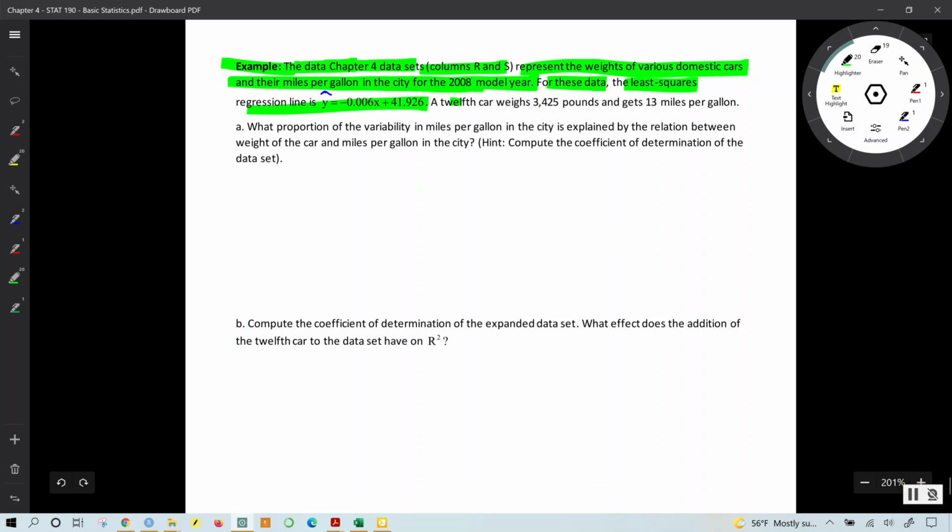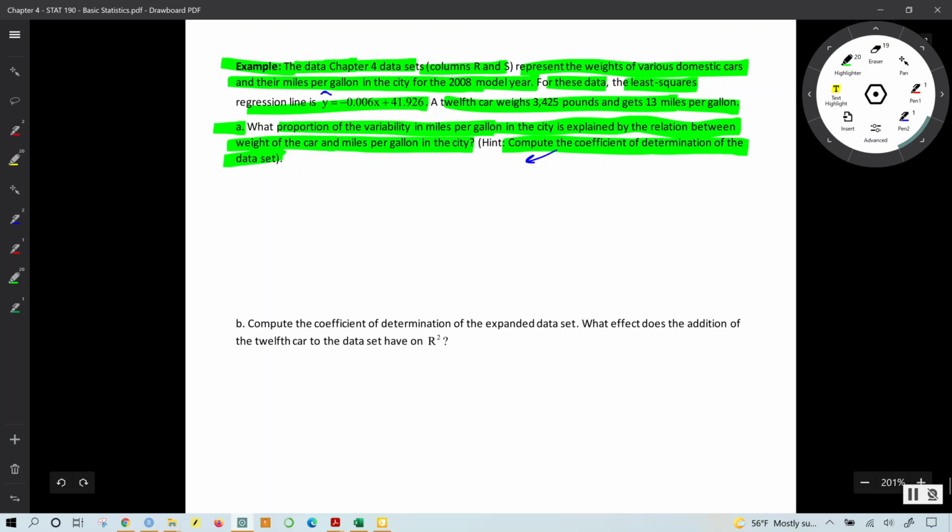Now we're told that the 12th car weighs 3,425 pounds and gets 13 miles per gallon. Question A. What proportion of the variability in miles per gallon is explained by the relation between weight of the car and miles per gallon?